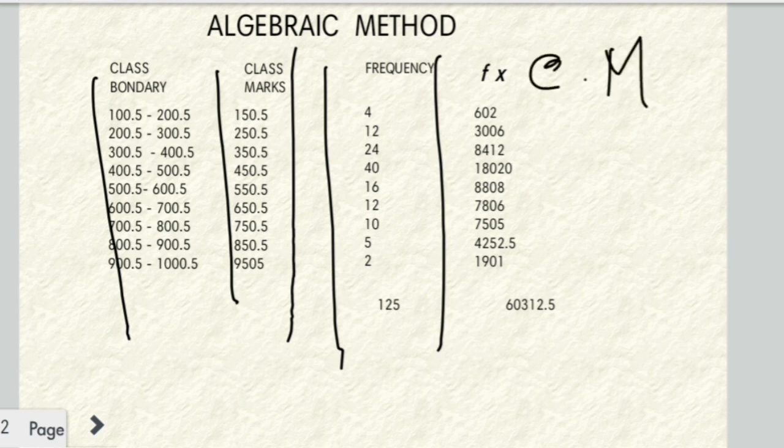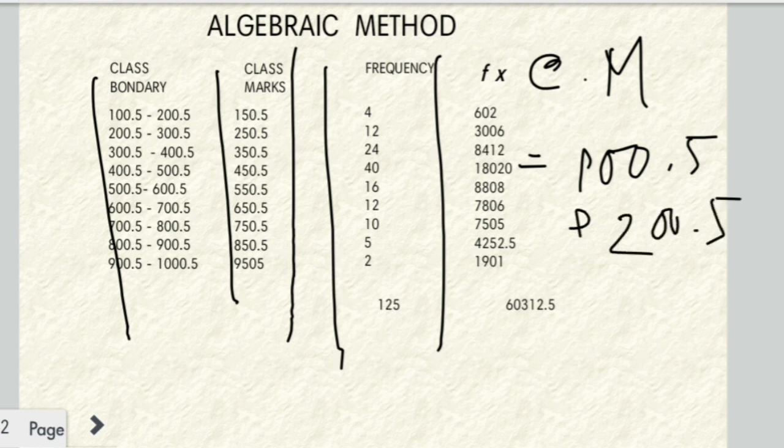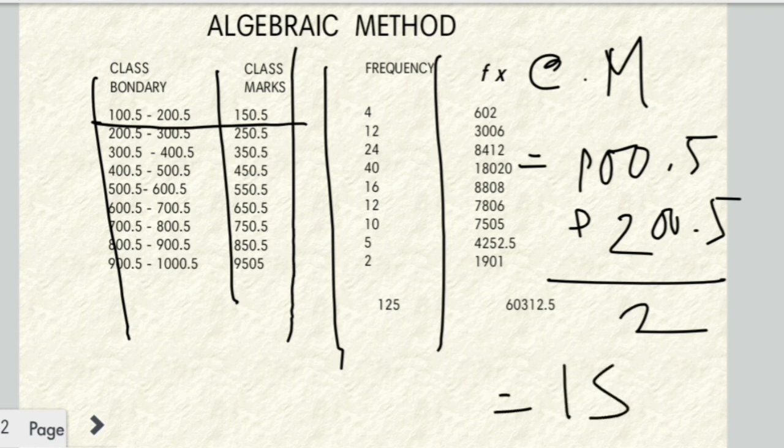Class marks equal to (100.5 plus 200.5) by 2. In the first observation, class marks is 150.5 and frequency is 4.